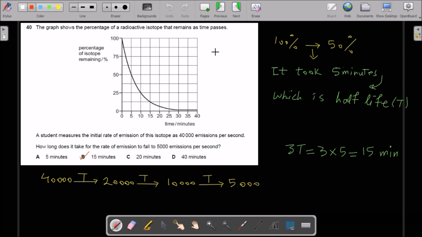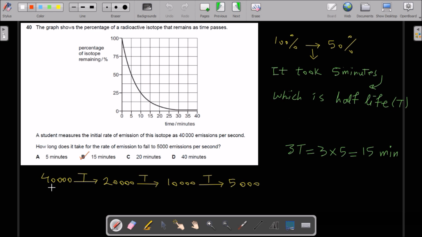How long does it take for the rate of emission to fall to 5,000 emissions per second? First of all, based on this graph, 100% changed to 50%, so it took 5 minutes. So what does it mean? So the half-life will be 5 minutes.